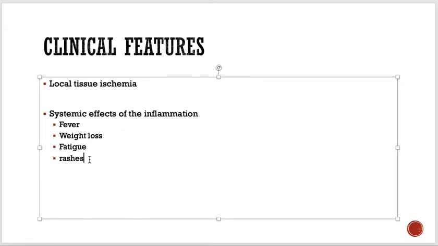Now whenever we go for diagnosis of this condition, first of all, we find that these are the patients who have multiple organ ischemias, or they have systemic involvement as well, and we find these constitutional symptoms.